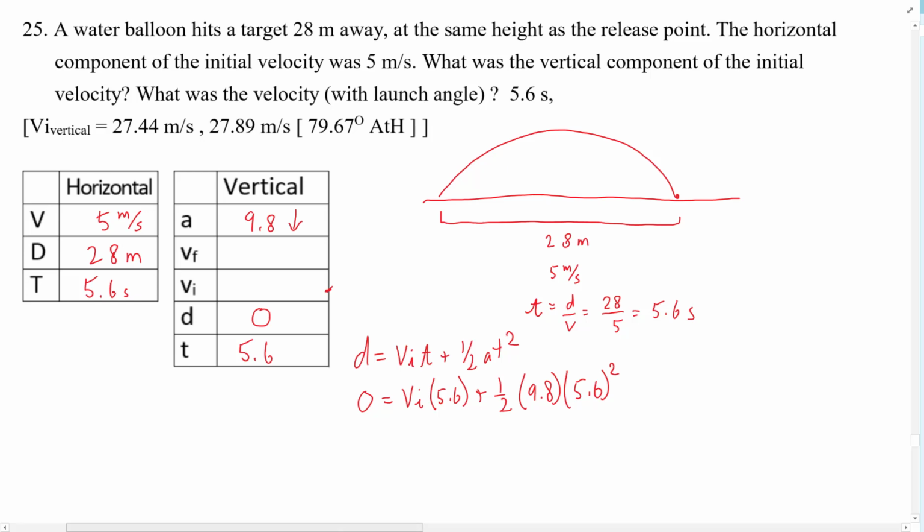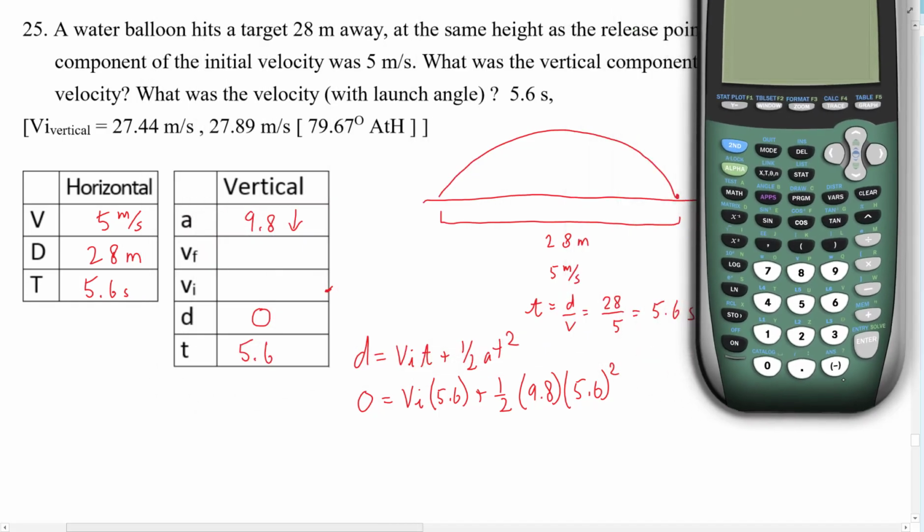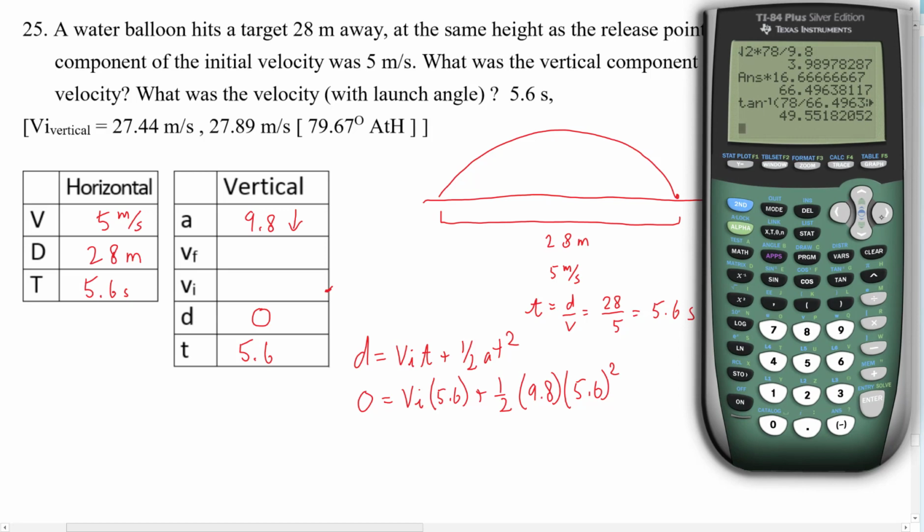Okay, so we'll figure out what this number is. Turn on the calculator, clear it up. 0.5 times 9.8 times 5.6 squared. That's 153.